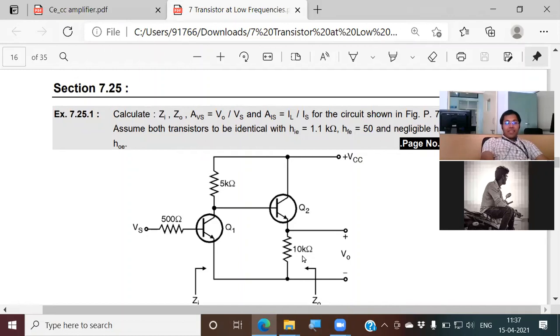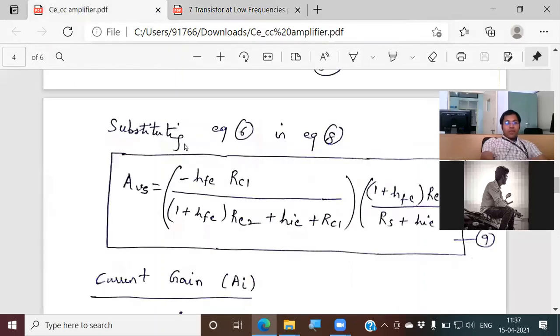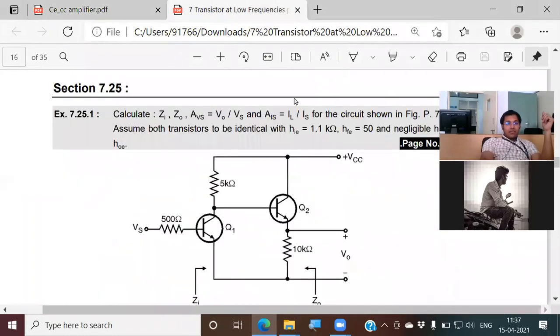All of you have noted? Any difficulty? Please tell me. Let us see how many we have: HFE, RC1, RE2, HIE, RS. So 1, 2, 3, 4, 5. All these 5, I hope everybody has noted down.